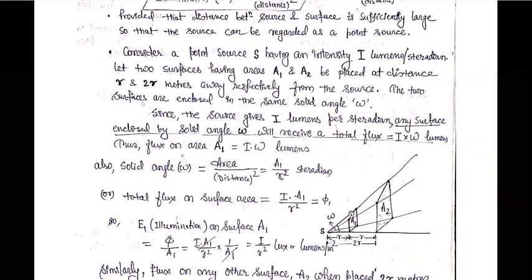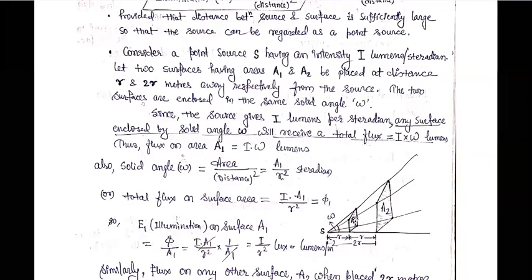Then the total flux on this area will be how much? Total flux on the area A1 is equal to I into omega, this much lumen. Okay, simple formula.